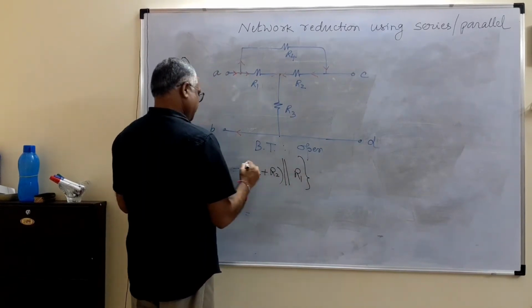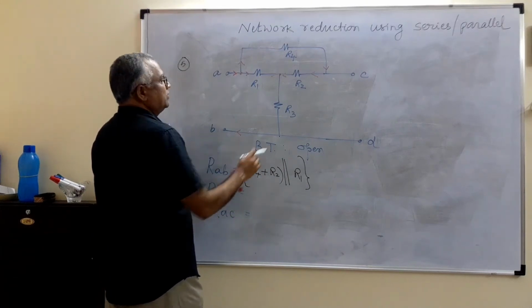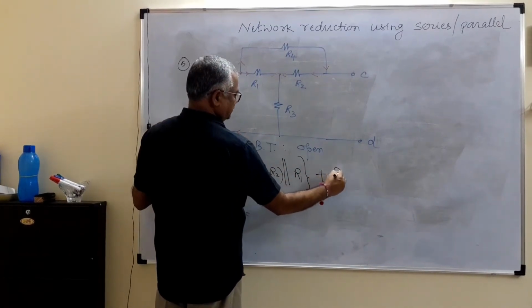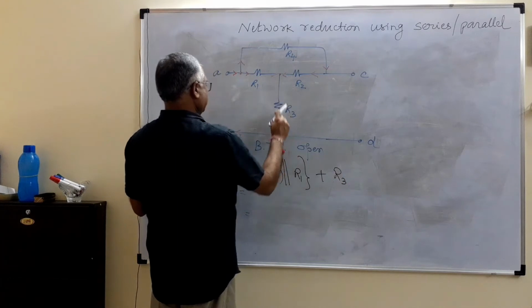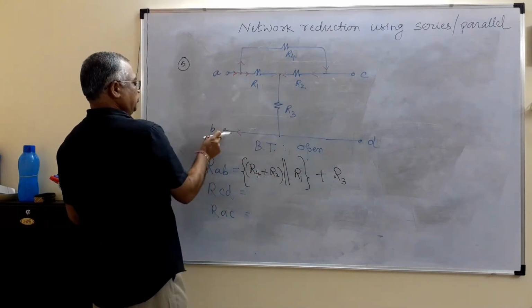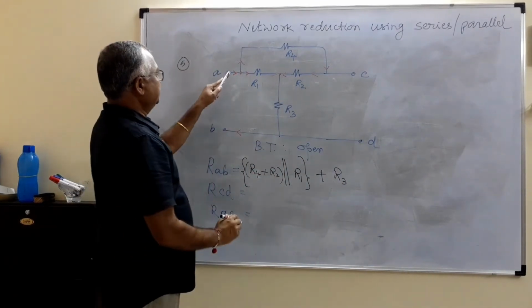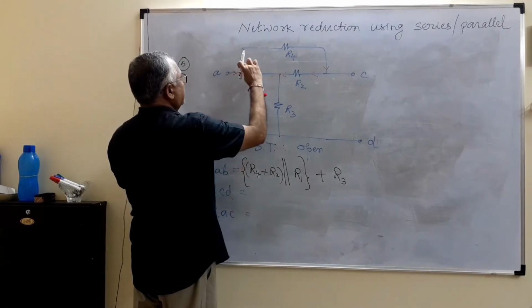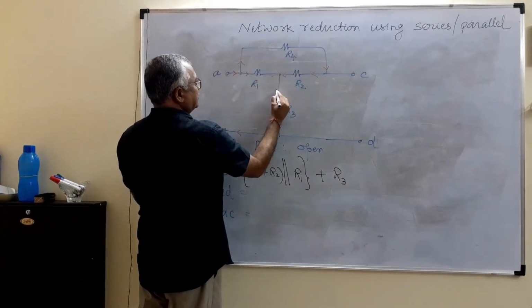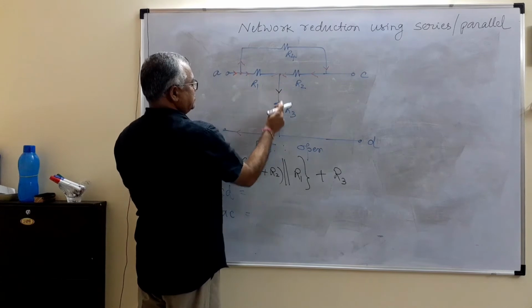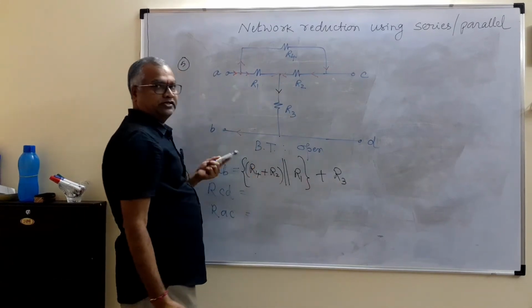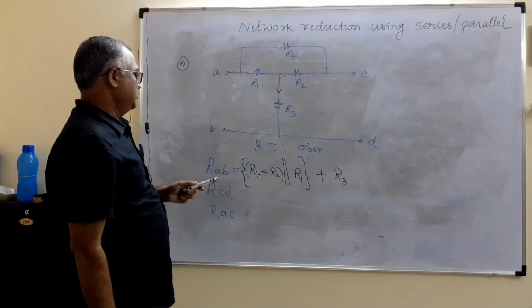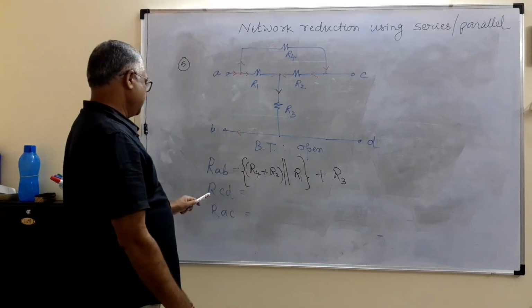This everything is series with R3. Series with R3 because we have to come up to B. And this current dividing then added. This current same, that's why series. Current same means series. So this is an important observation.